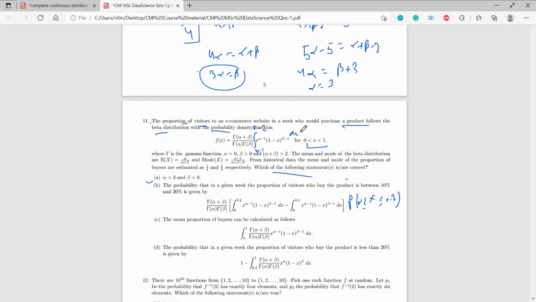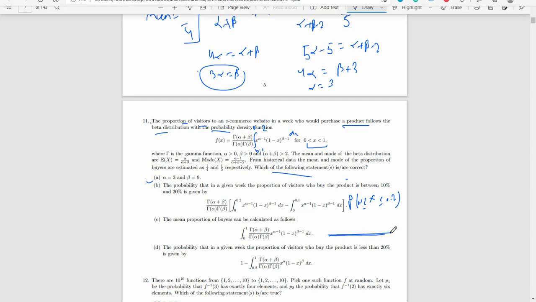Now some things are written here, so we need to understand what this particular thing means. Let's say this is the whole range between 0 to 1, with the same distribution. Now 0 to 0.2 means, let's say 0.2 is here and 0.1 is here.